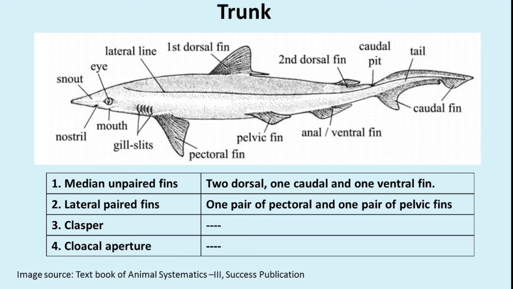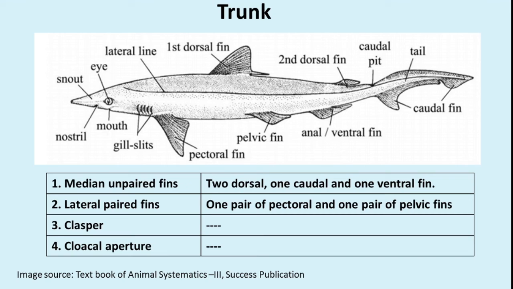A clasper is a rod-like structure having a dorsal groove leading to a siphon at its base. Clasper is a copulatory organ. It aids during copulation. Now let's talk about the cloacal aperture. The cloacal aperture is an elongated opening at the base of the tail lying on the ventral side in between the pelvic fins.